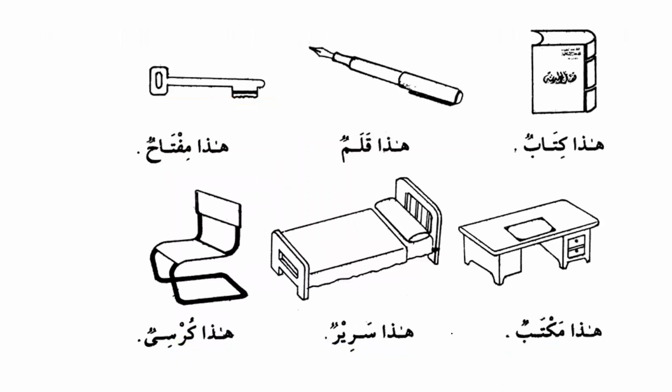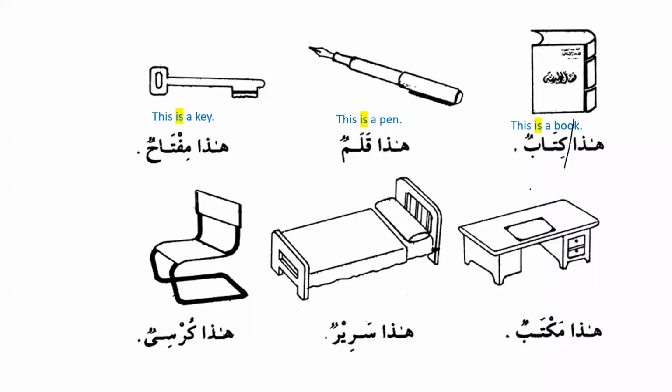Now we have more complete sentences. Hada kitabun. You just put a line over here. Hada is kitabun, this is a book. Similarly, hada is qalamun, this is a pen. And hada is miftahun, this is a key.